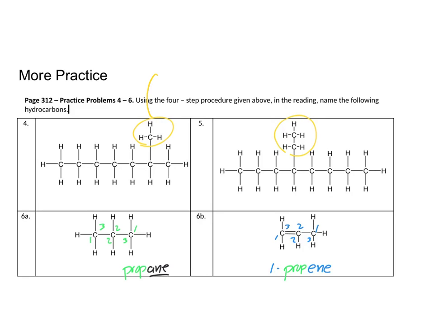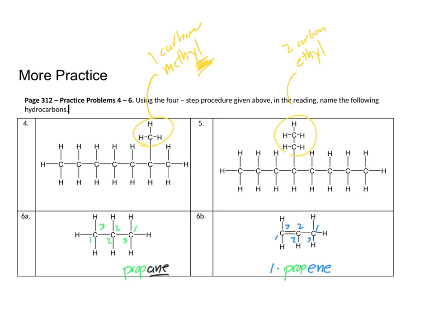In this case, the number of carbons in the branch is 1 carbon long, and the prefix for 1 carbon long is meth. But because it's a branch, we're going to call it a methyl. Now, in this one, it is a 2 carbon long branch, and the prefix for 2 is eth, and because it's a branch, it's an ethyl.